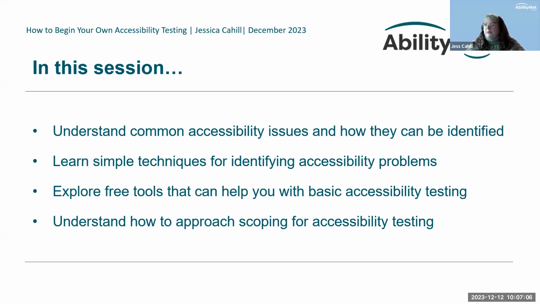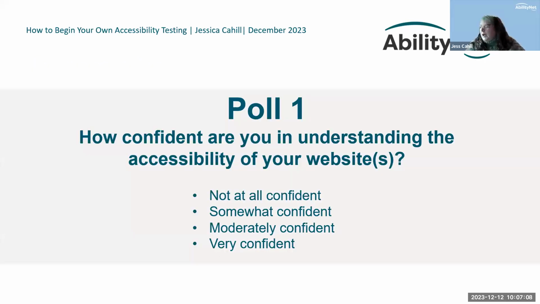So I've got a poll to start with, which I will try and find the controls for. Poll 1, right. So the questions are, no, hang on, sorry, this is poll 3.